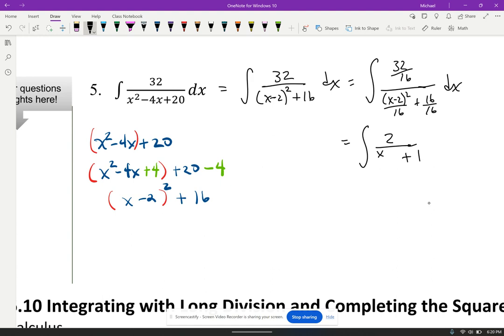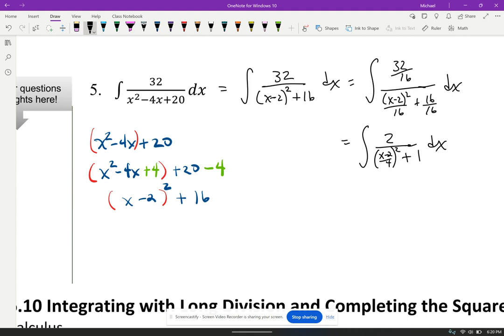And then here, I noticed that the top is a square, but the bottom is a square as well. So why don't I just write this as x minus 2 over 4 squared dx here. All right, let's double check if we understood how that happened. X minus 2 squared, x minus 2 squared, and then on the denominator, 4 squared. Oh, that's where that 16 is.